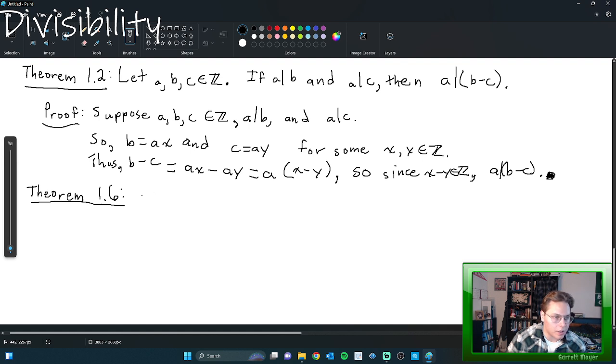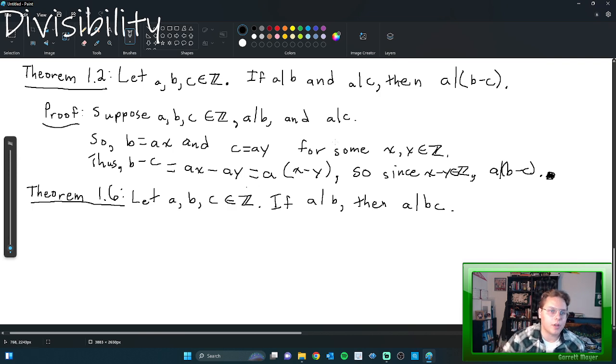But this theorem is let A, B, and C all be integers. Then the theorem is if A divides B, then A divides BC.